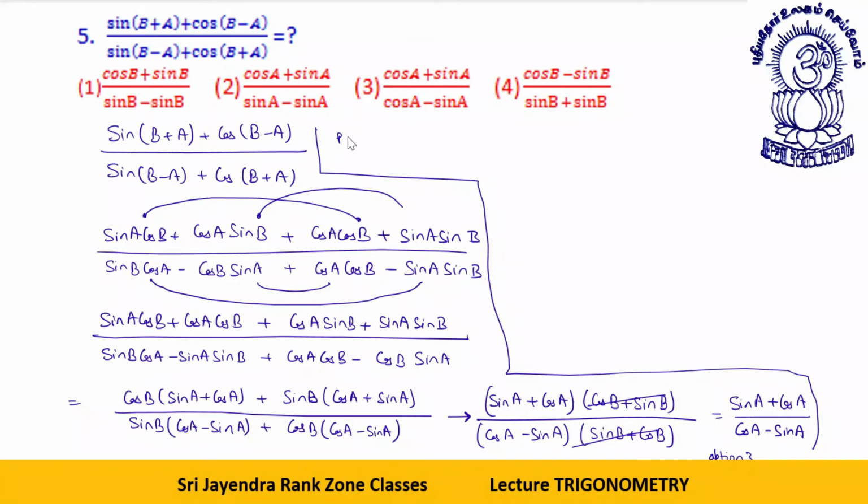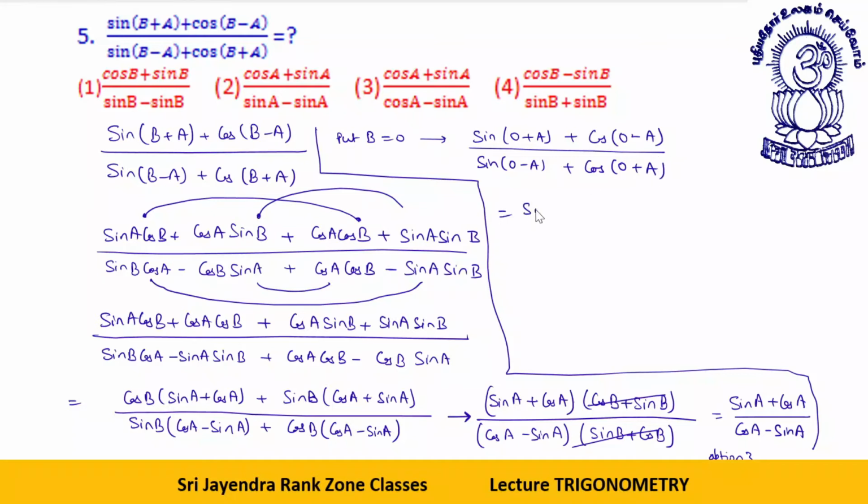If you put B as 0, what will you get? You will get sin(0 plus A) plus cos(0 minus A), divided by sin(0 minus A) plus cos(0 plus A).